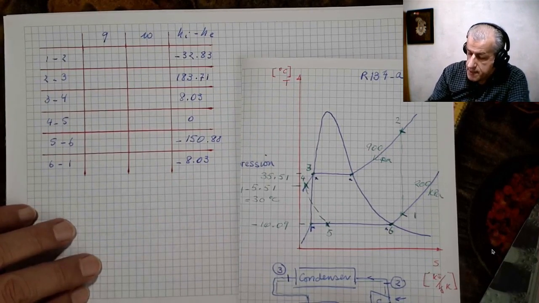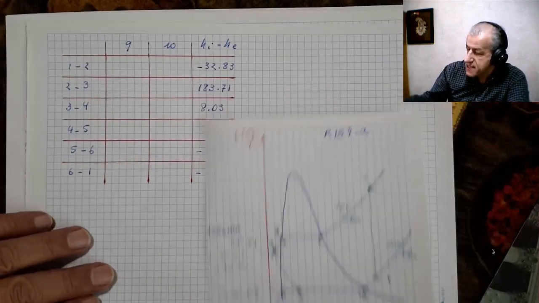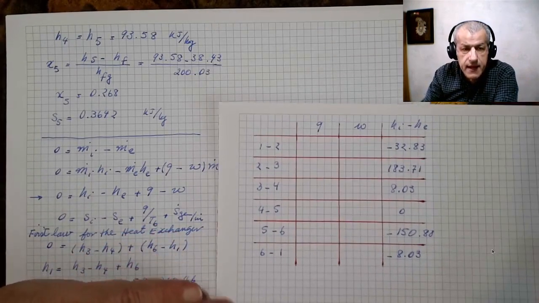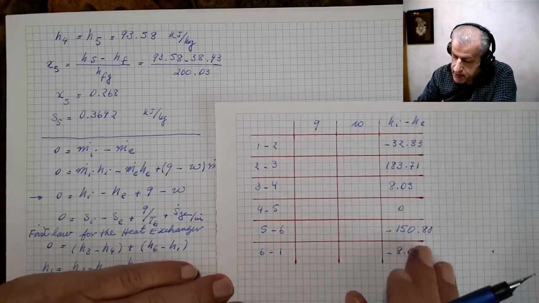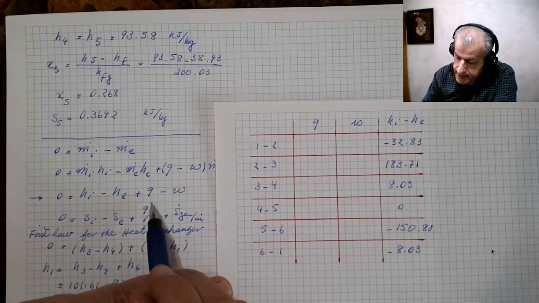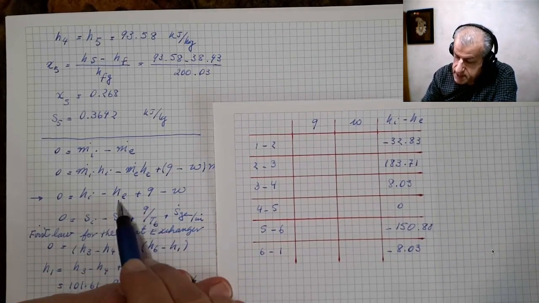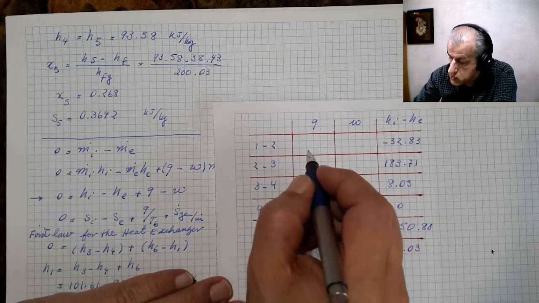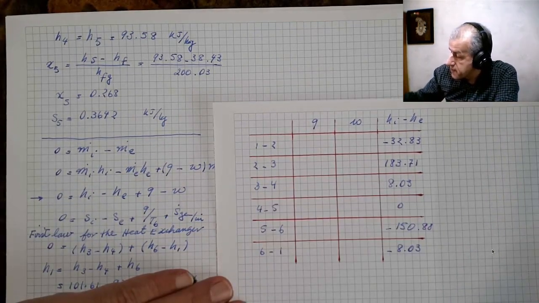Now, once we have this table, let's look at the first law, and Hi minus He for process 1, 2. Process 1, 2 is in the compressor.